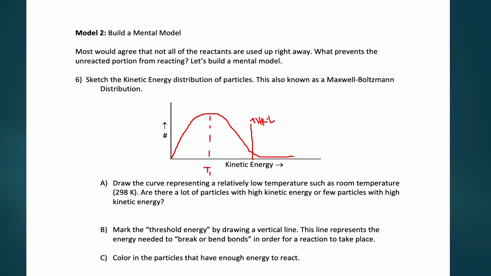I'll just abbreviate. All right. And so then it says, color in the particles that have enough energy to react. And so the students have to realize that you have to be beyond this line in order to react. And so only these number of particles can react here.